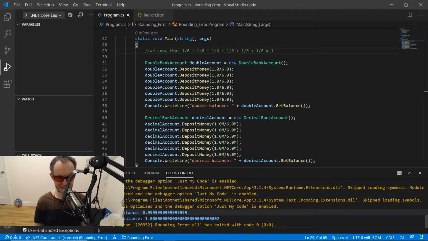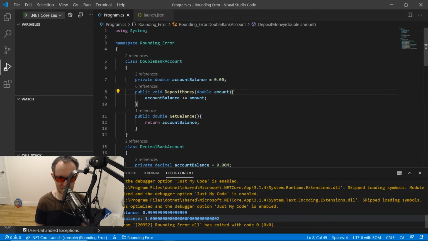So look at this. Double balance gives us 0.999999999999999. Not quite 1, right? And the decimal one gives us a balance of 1.0000000000000000000000002.